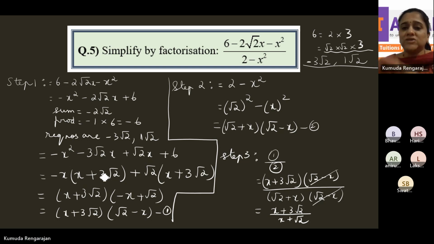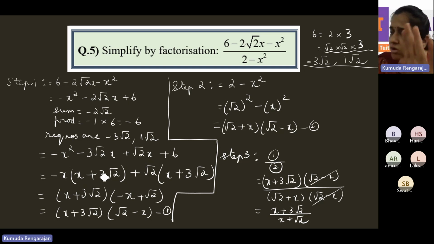All right, children. So actually, it is simple for you because the numerator is familiar. It's a quadratic expression. And you know how to factorize it by splitting the middle term. But what is the new thing there? The terms are not in the correct order. So you'll have to write the x square term first, then the x term, and then the constant. Then find the sum and the product, find the two numbers, split the middle term, group.